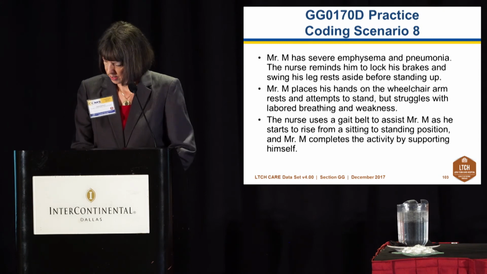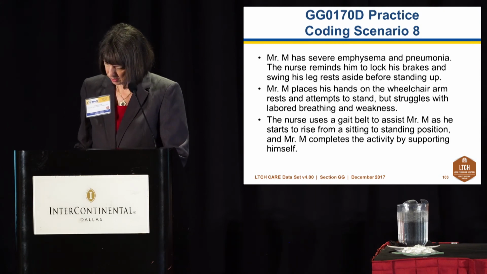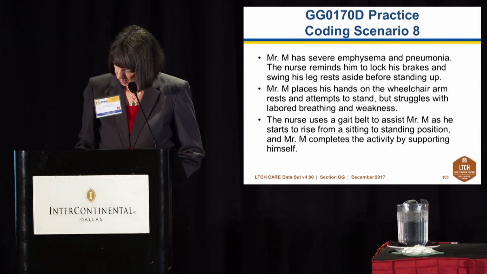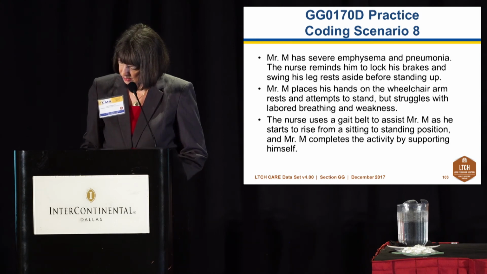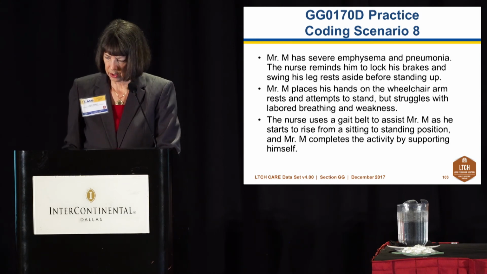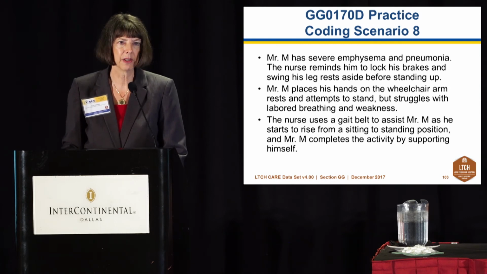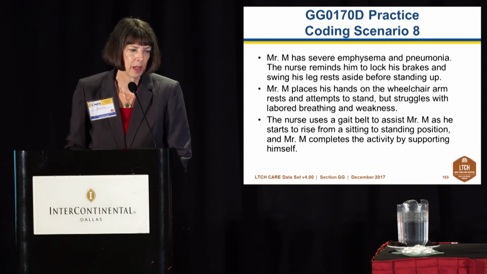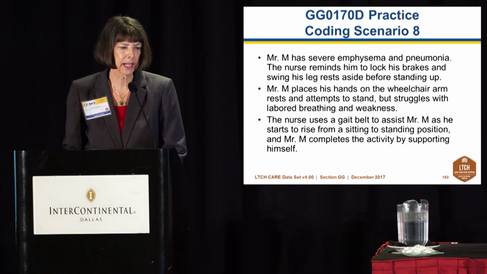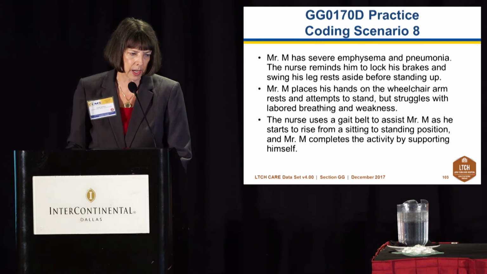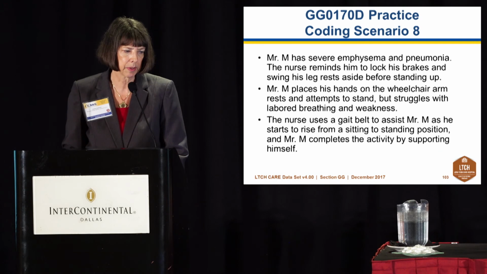Let's take a practice coding here, and let's take a look at coding scenario number 8. Mr. M has severe emphysema and pneumonia. The nurse reminds him to lock his brakes and swing his leg rests aside before standing up.